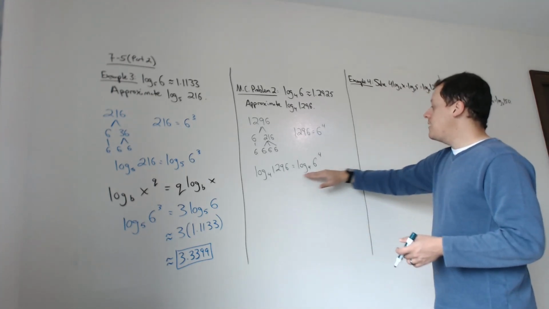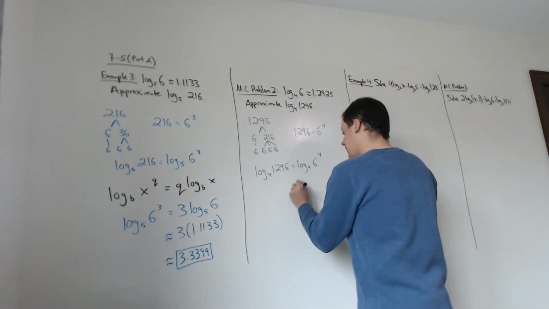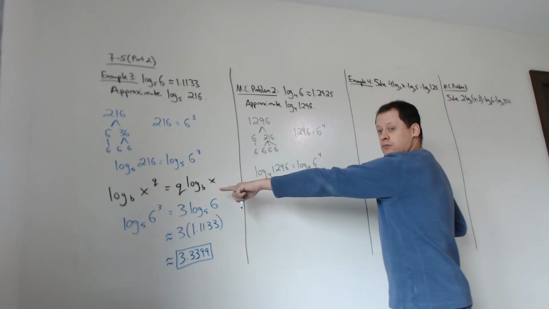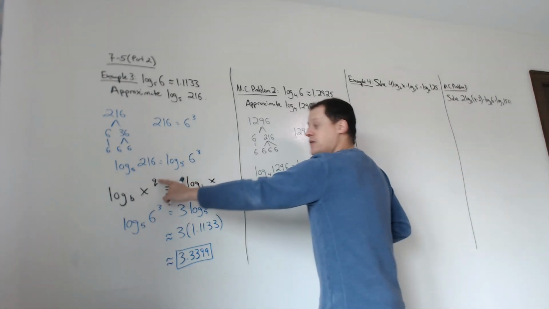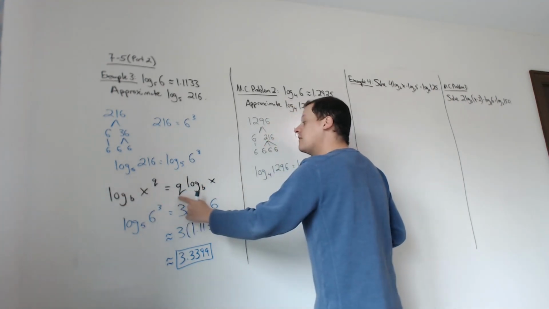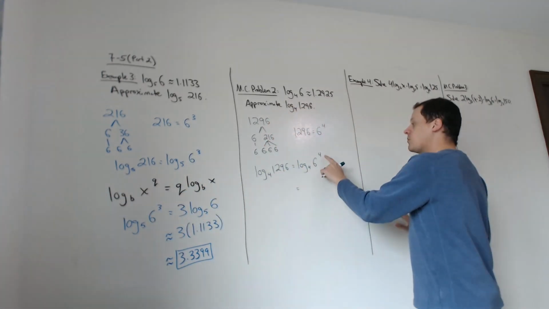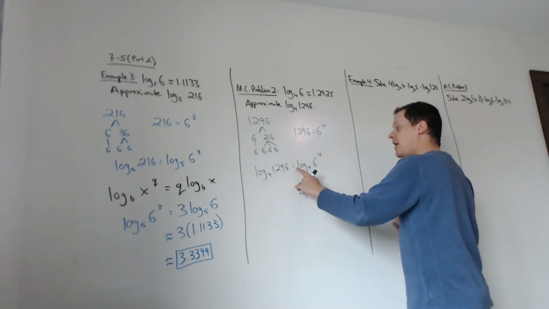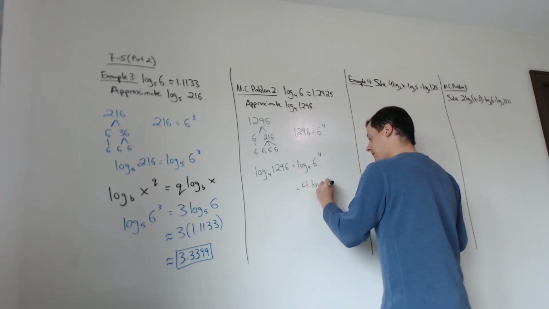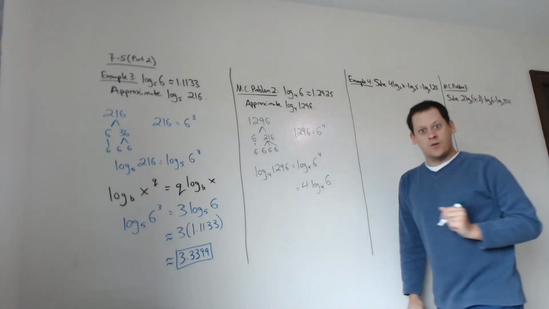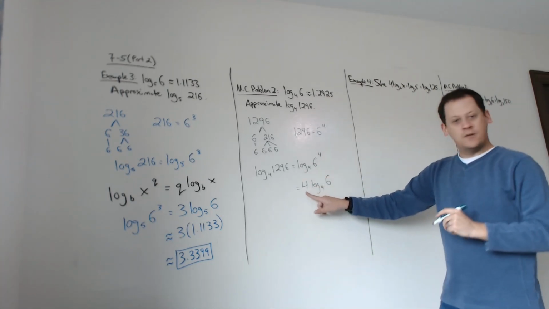But we can take what we've got here and use this rule. All this is telling us is we're taking that exponent and putting it out front. So we're taking this exponent and putting it out front. Okay, so this exponent has moved into the front.